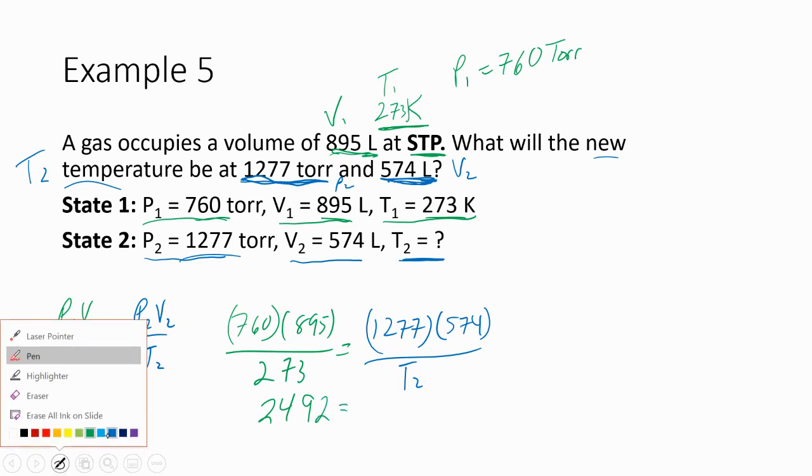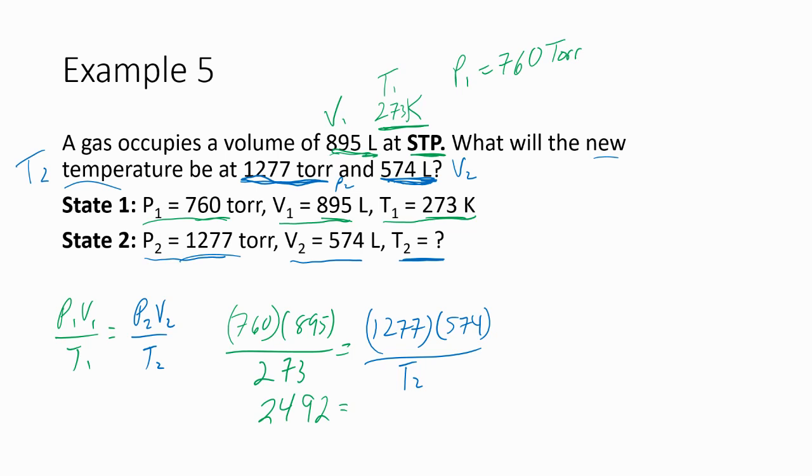And then our other number, 1277 times 574 is 732998 divided by T2. So now we need to get that T2 by itself. It's right now in the denominator. So we want to multiply both sides by T2 to get it out of the denominator.